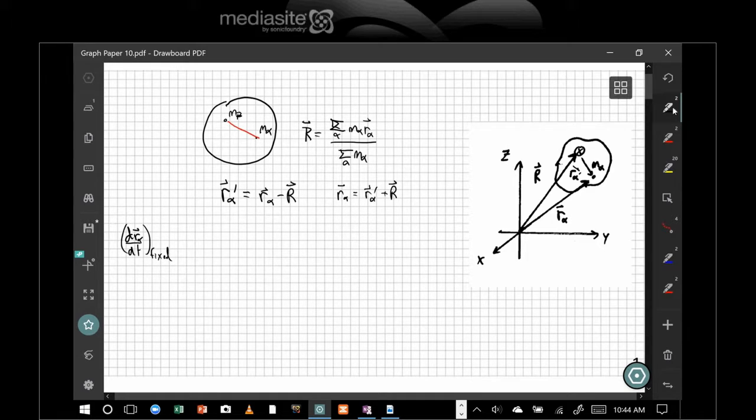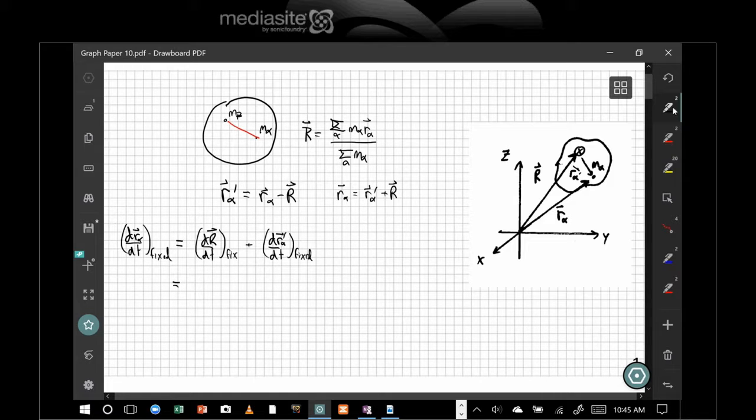That is a non-inertial frame, so I'm going to use what I learned before about non-inertial frames. But here, let's just express this. Just using the definition I just wrote down, that's the rate of change of the center of mass position, and then the rate of change of the relative position with respect to the center of mass, and it's all in the fixed frame.